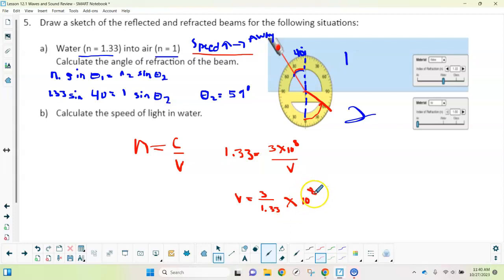So 3 divided by 1.33, we'll get something like 2.25. So it is definitely going slower, 2.25 times 10 to the 8th. Don't let me forget that part, meters per second. So it's still going really fast, but a lot slower than it does in a vacuum, or basically air is close to a vacuum, so 3 times 10 to the 8th. So it's slower, and it's closer to the normal. When it goes faster, it moves away from the normal.